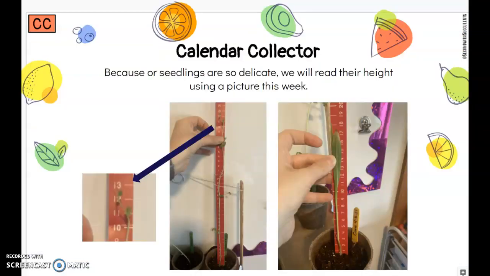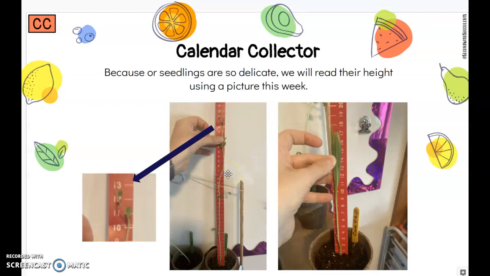Let's first look at our pea seedlings. Remember, our pea seedlings have gotten so tall that we're actually using 2 centimeter rulers. Our first centimeter ruler ends right here at 25 centimeters. So we need to add up 13 more centimeters to get our height.